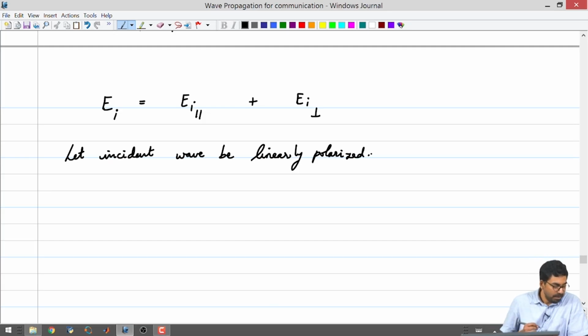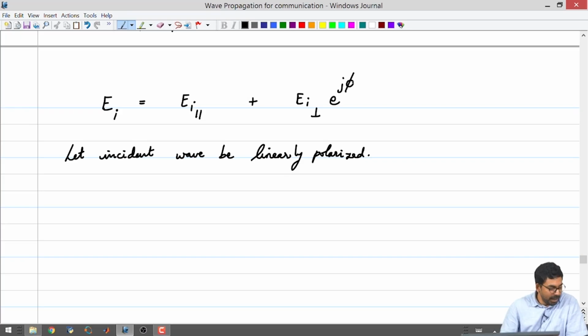Okay. Immediately the question comes, we have written EI is equal to EI parallel plus EI perpendicular. Should we also be more generic and say that EI perpendicular and EI parallel can have a phase difference between them, just like Ex and Ey could have a phase difference between them in the simulations that we saw before. Here also it is quite possible that you can have a phase difference between them generally, okay.